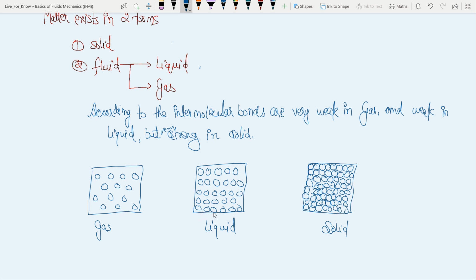Now you can see there is a big difference between gas, liquid and solid.